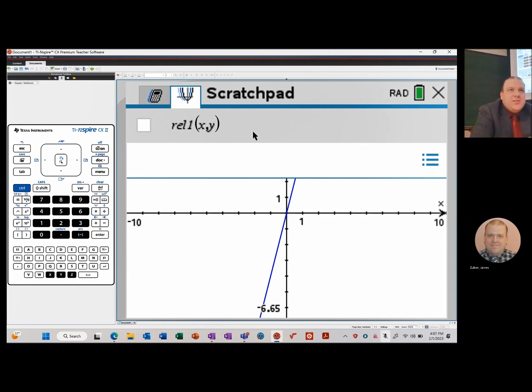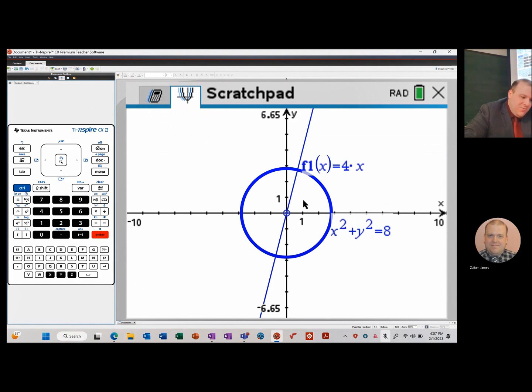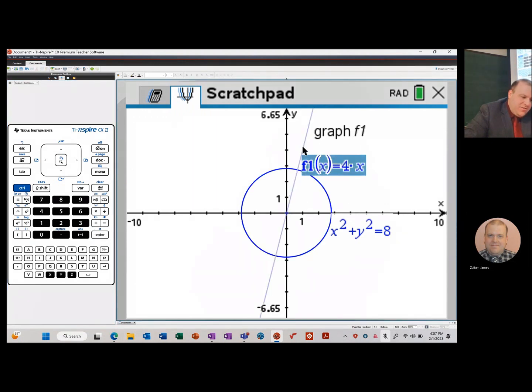Now we just type in the actual relation itself: x squared plus y squared equals, so there's your equal, 8, enter. Why is that still there? Problem solved.